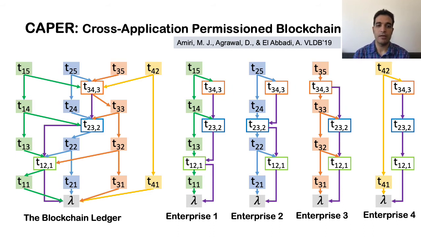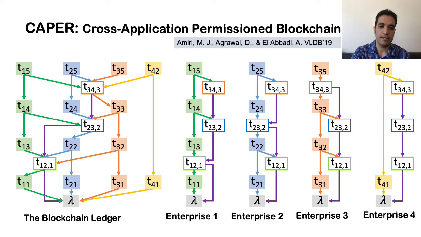confidentiality. In Caper, the blockchain ledger is a DAG structured blockchain ledger. And the logical view of the blockchain ledger is as follows. We assume that we have 4 enterprises in different colors. So there are 3 different rules. First of all, there is a total order between transactions that are initiated by the same enterprise.